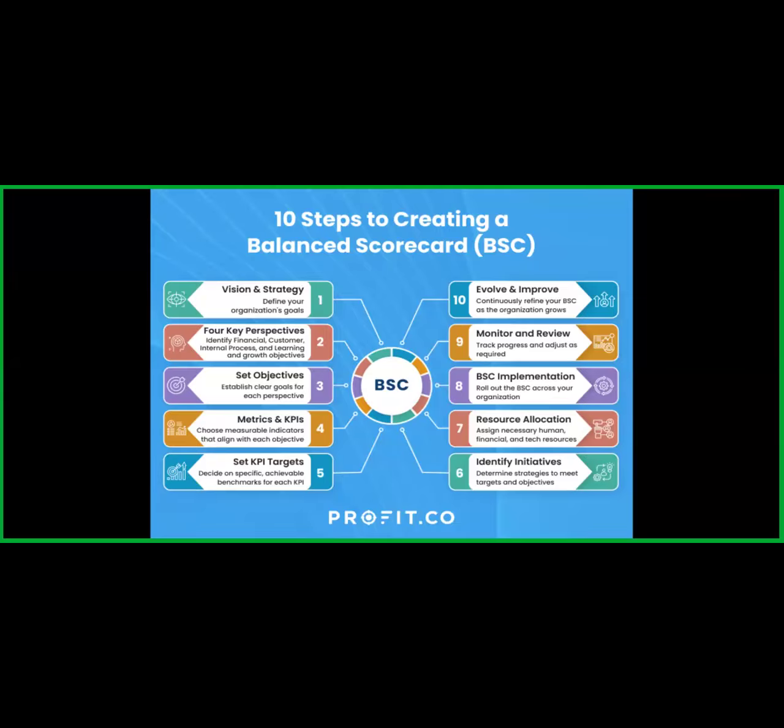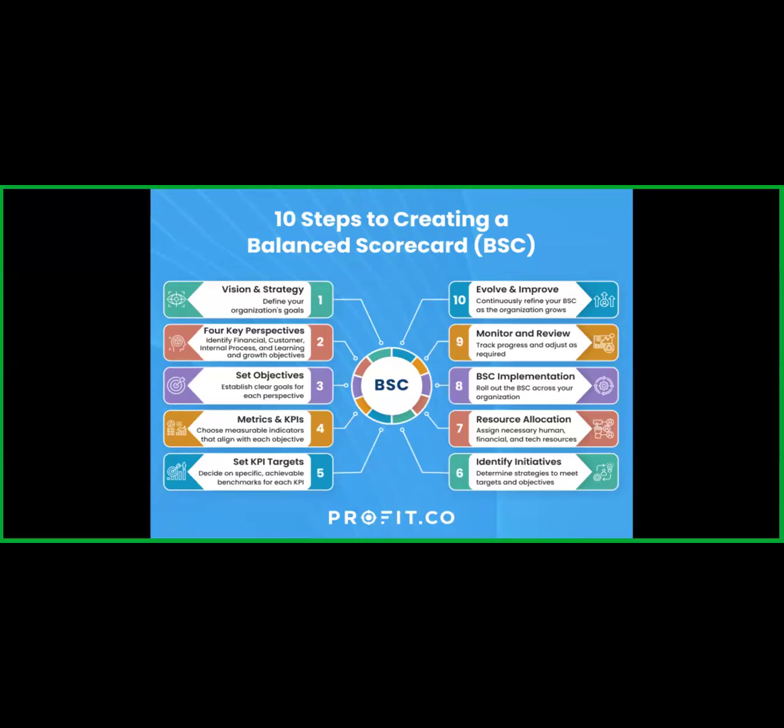Now the eighth step is to put the strategy into action. Start implementing that strategy. Once the strategy has been implemented by the organization, then comes step number 9.